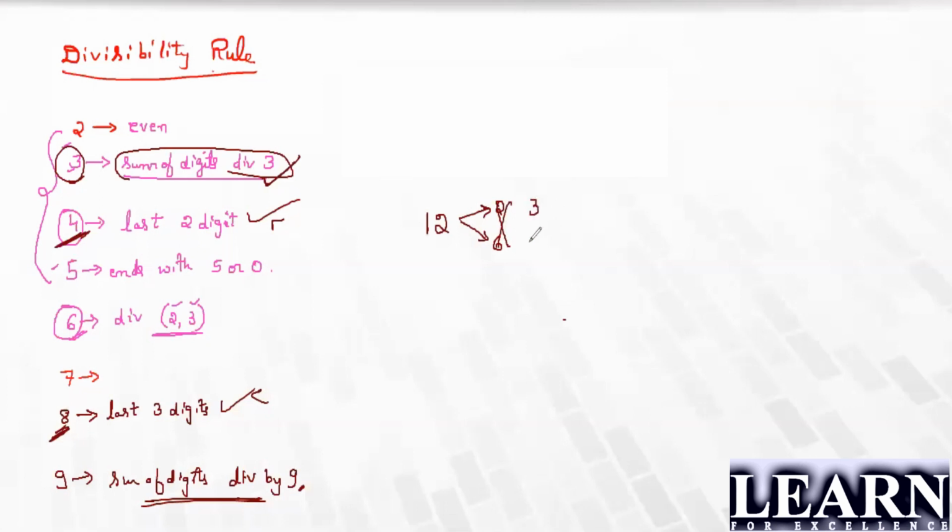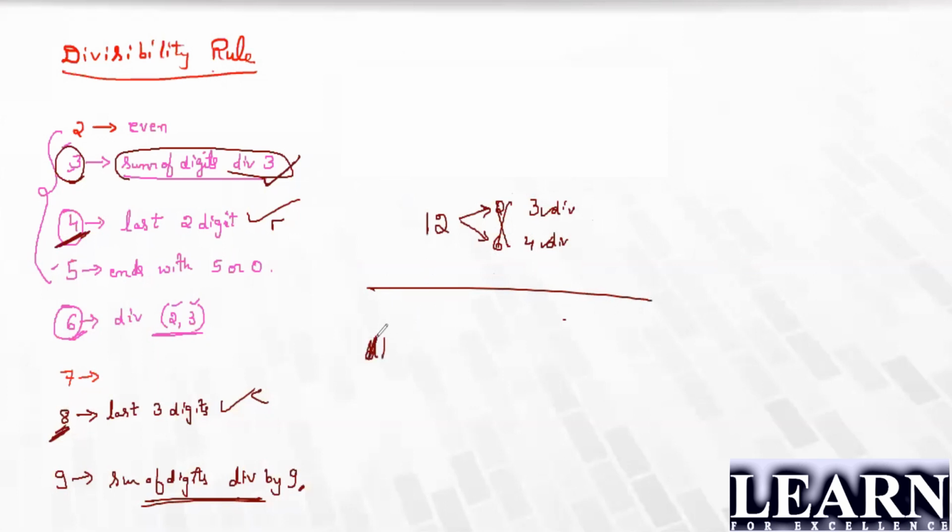You have to take 3 and 4, because 2 and 6 have a common number 2 in them. So you have to take 3 and 4, where we don't have any common factors. You have to check for 3 divisibility and for 4 divisibility. Is it clear?